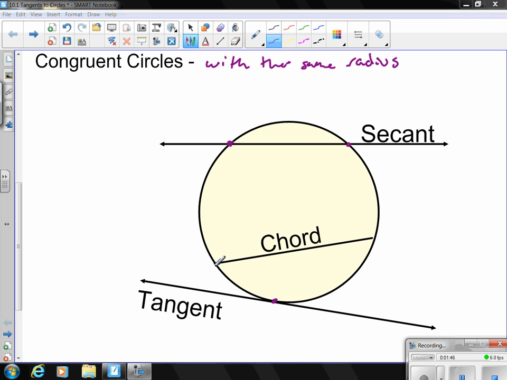A chord is a line segment that has endpoints on the circle. Now, a chord could also be a diameter if it went through the center of the circle.